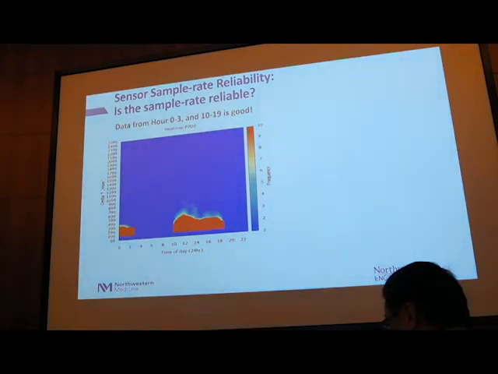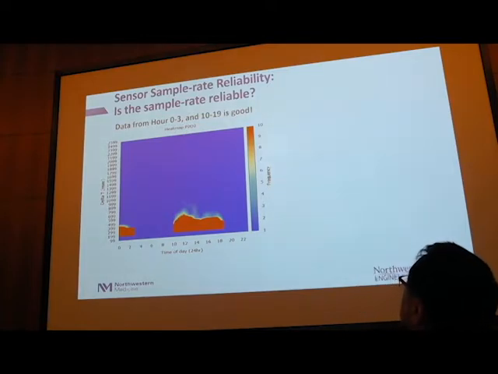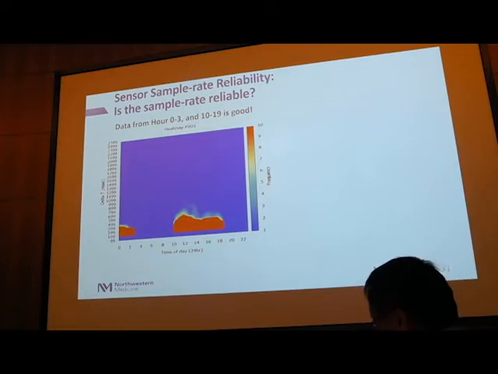So Vivek also mentioned the importance of sample rate and sample rate reliability, or that consistency. For one of our sensors, we looked at a heat map across 24 hours. One thing that's really important is to make sure you know whether the sample rate is actually reliable or not.